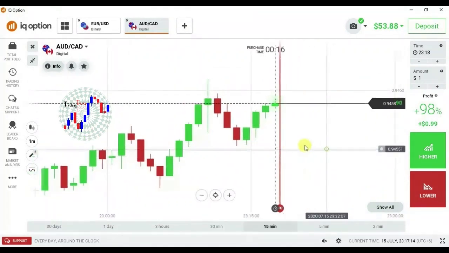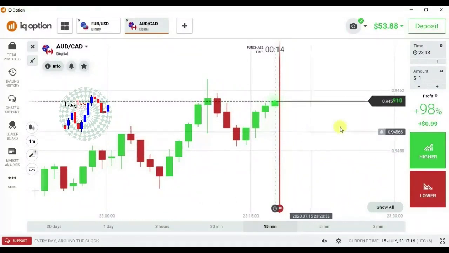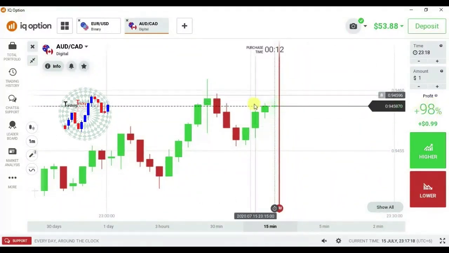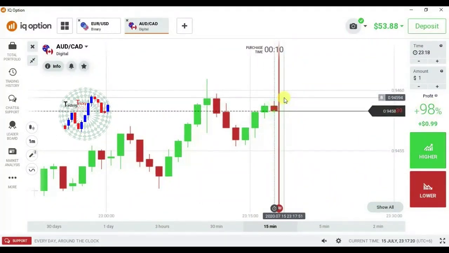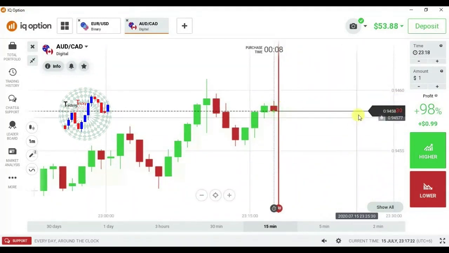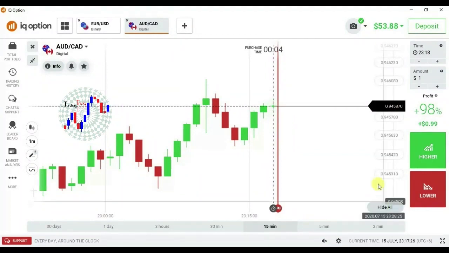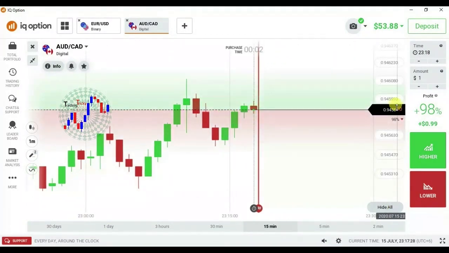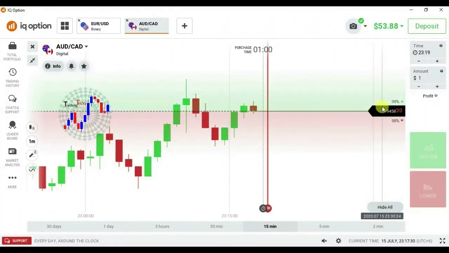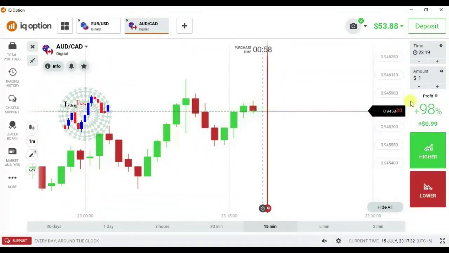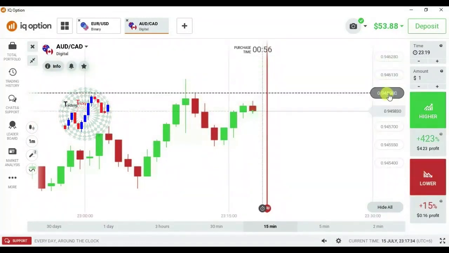Also, there are other options, like this is 98 for general, whether you want to go with buyers or sellers. But there are other features too. Just click show all. Now you will have some options. This is the current price. If you want to sell it here, now the higher percentage and lower percentage is different.